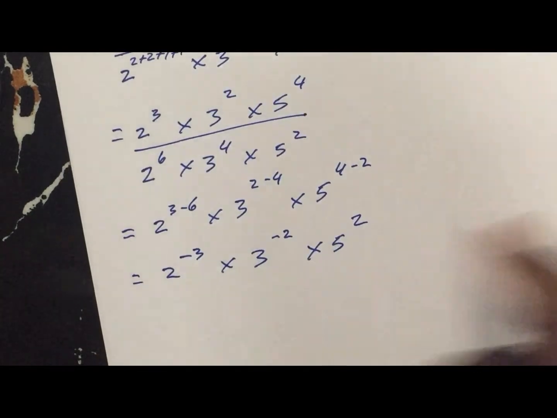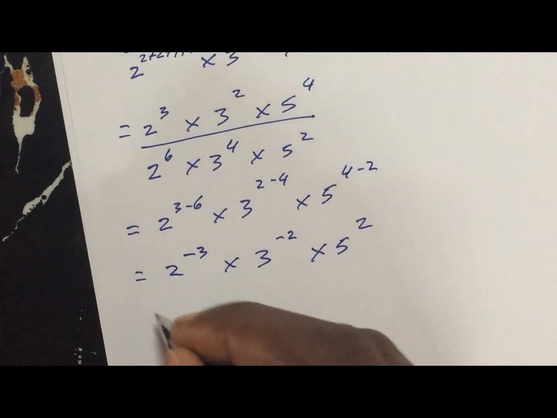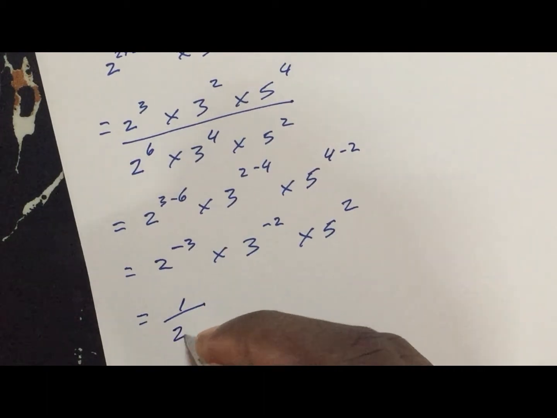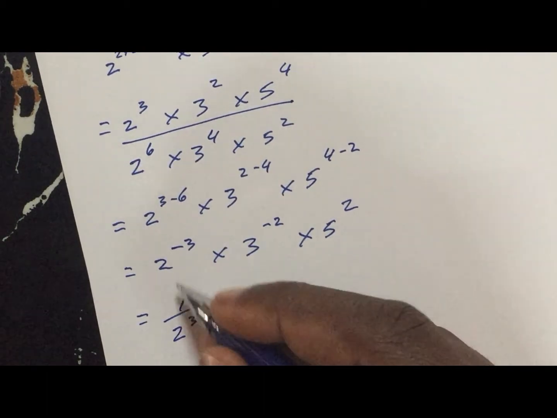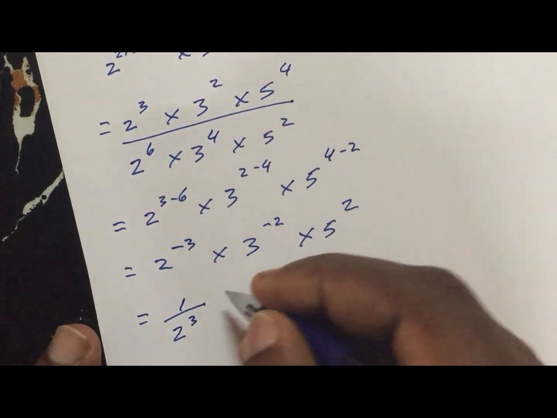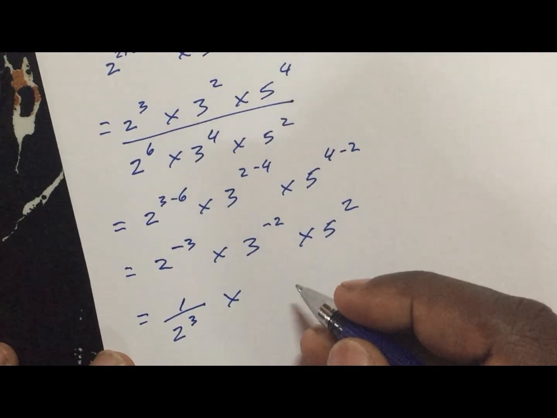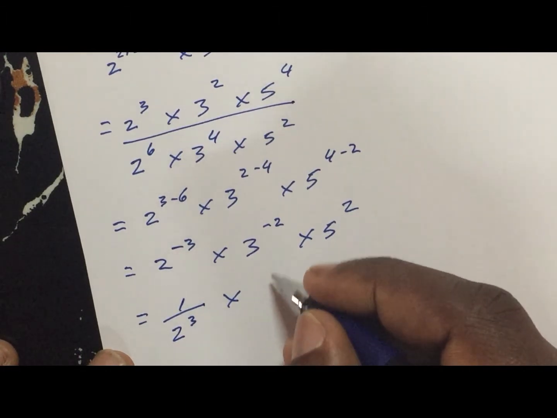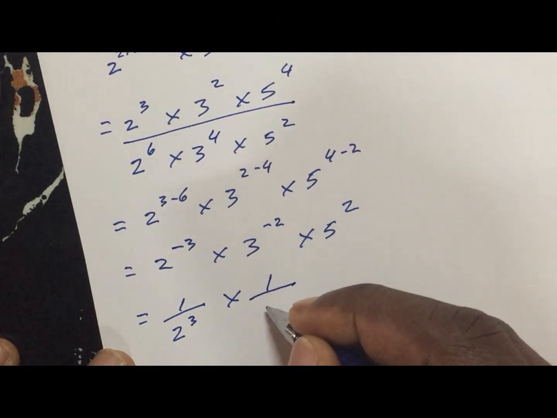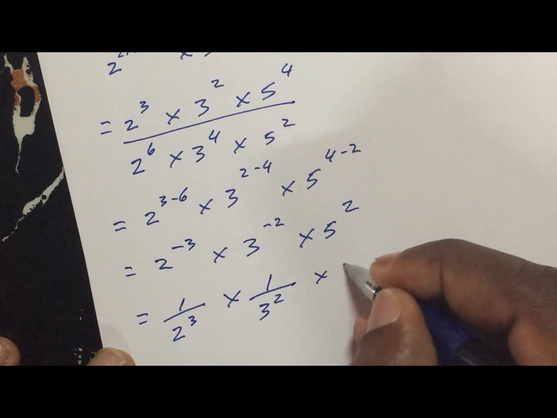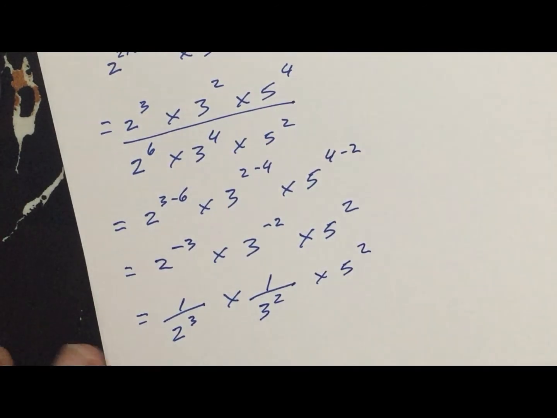So now this can be further broken down as 1 upon, remember this from our law? If you don't remember, you can always head on over and refresh your memory and come back. Likewise, times 5 squared.